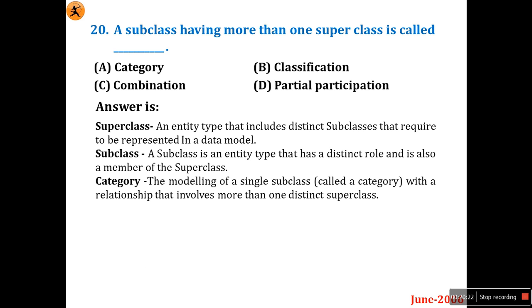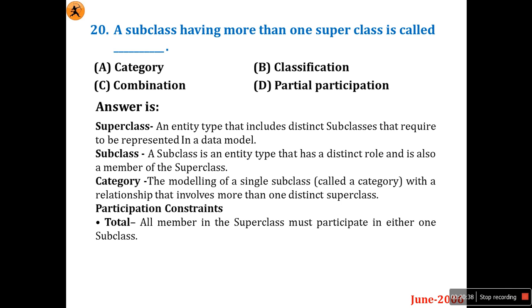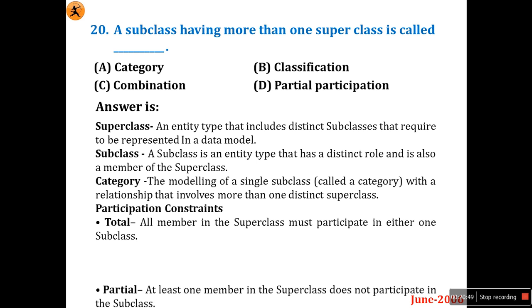Okay, what is category now? The modeling of a single subclass with a relationship that involves more than one distinct superclass. Means one subclass relates to more than one distinct superclass. What is participation? All members in the superclass must participate in at least one subclass.